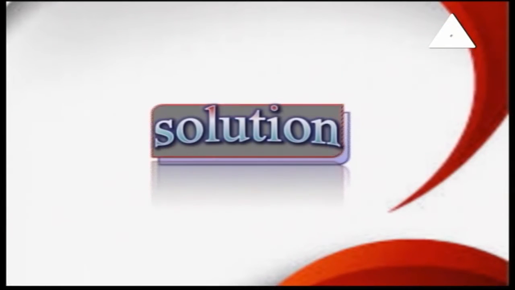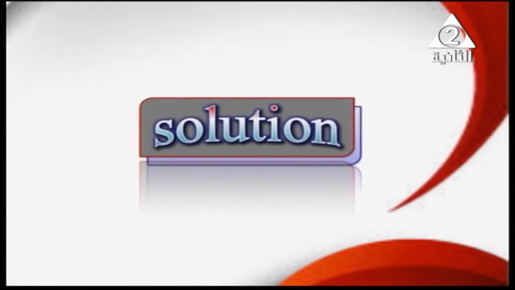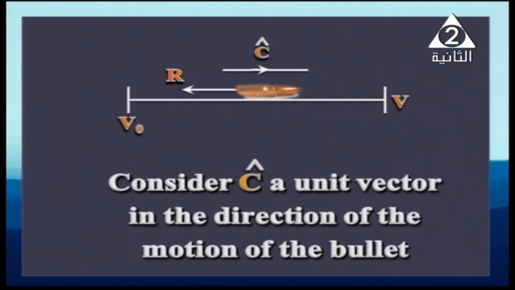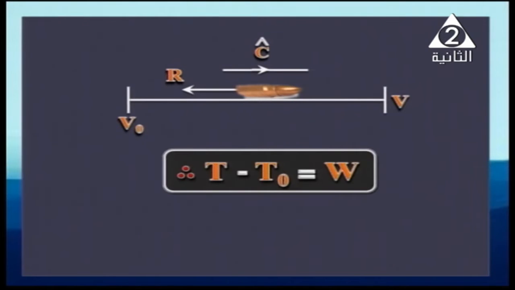Solution. Look at, my dear student. Consider c is a unit vector in the direction of the motion of the bullet. My dear student, the change of kinetic energy equals the work done.